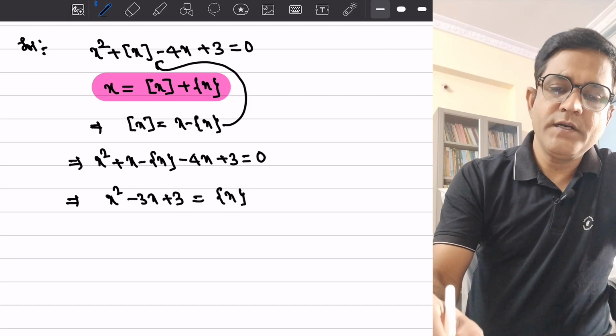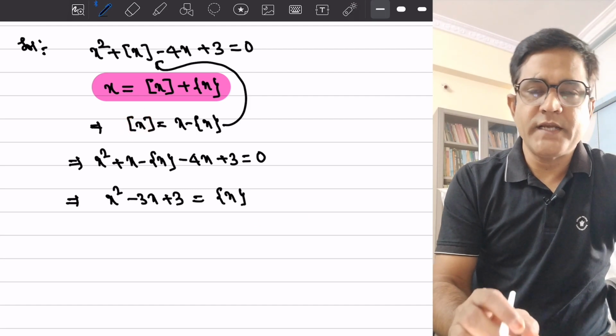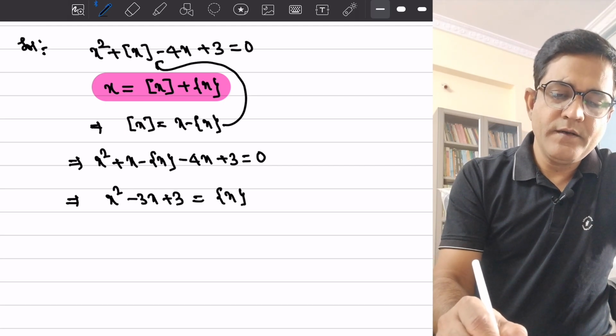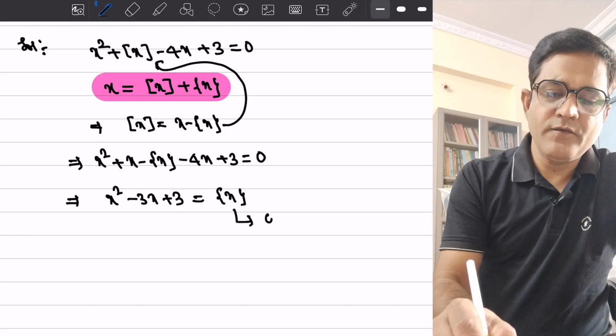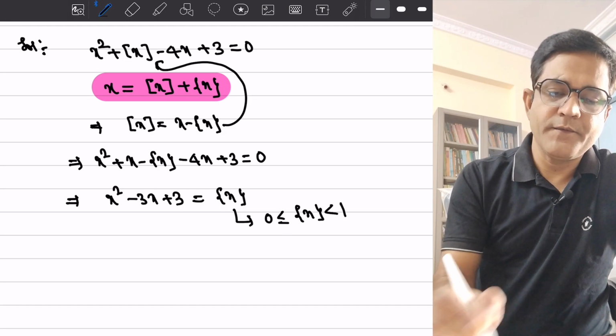That is why we converted [x] into the fractional part of x, so that we can use its range to solve the problem. So here, 0 ≤ {x} < 1.